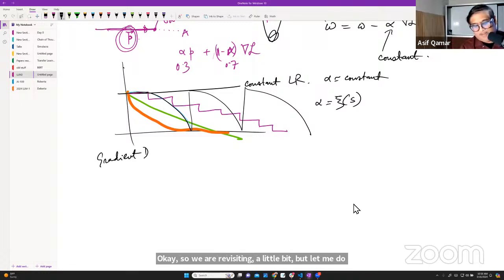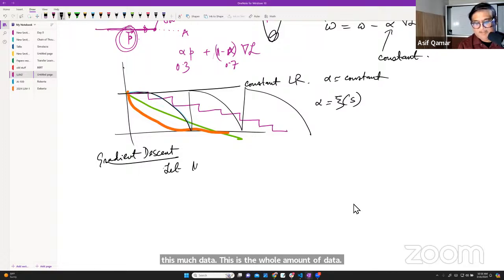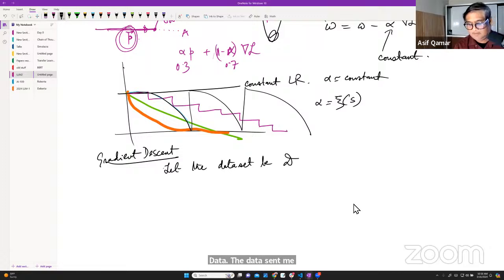See, the basic gradient descent is, suppose you have this much data. This is the whole amount of data. Let the data set be D, right?